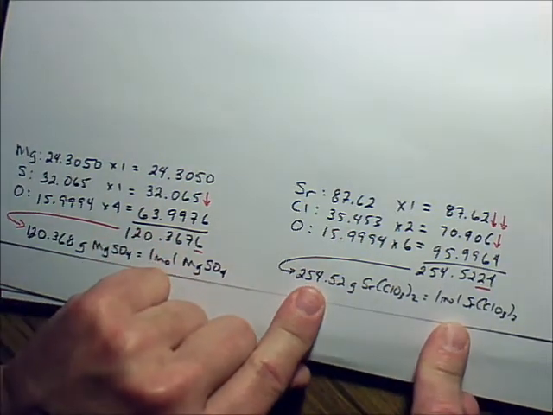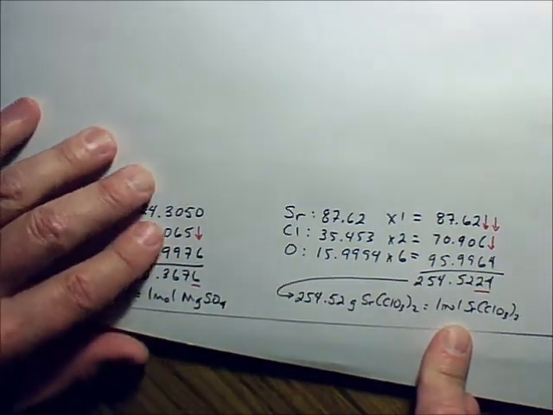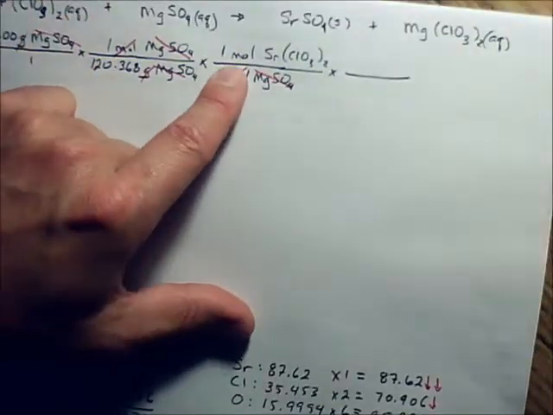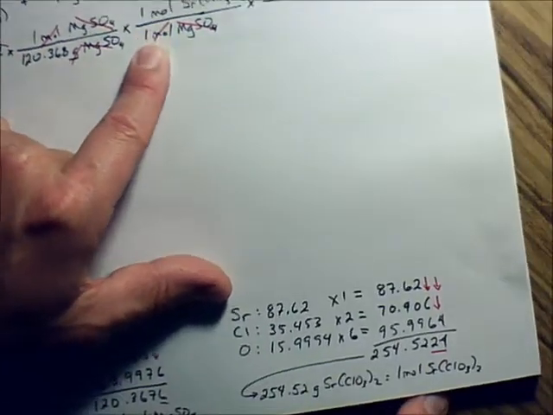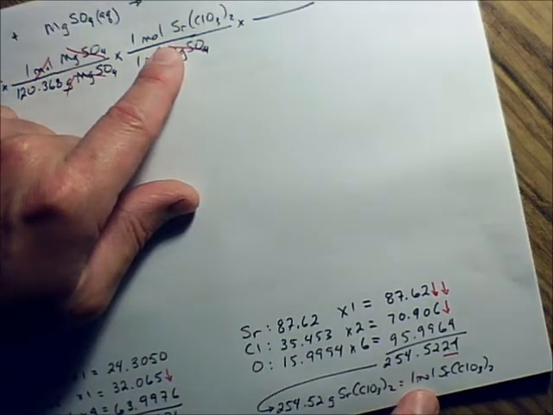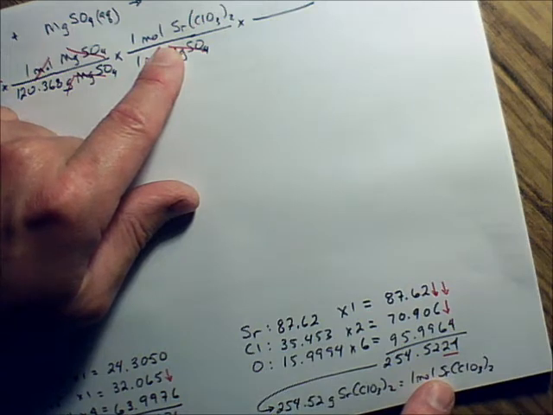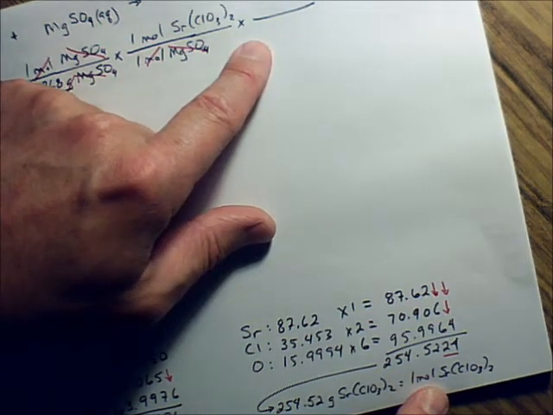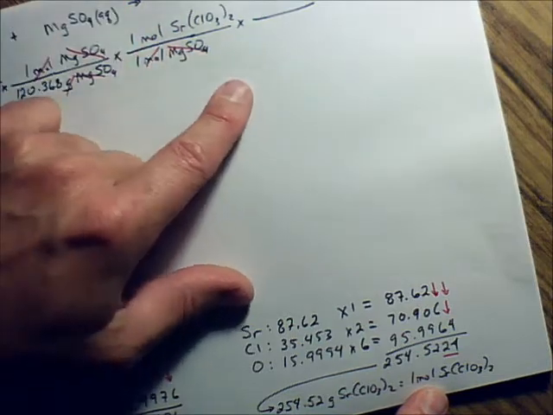Okay, and we have an equality statement from which we can build a conversion unit up here. We want to match what's remaining up here in this previous step with the side of the equality statement. Match the units and species and put that part of the equality statement on the bottom of the conversion unit. So 1 mole needs to go on the bottom here.